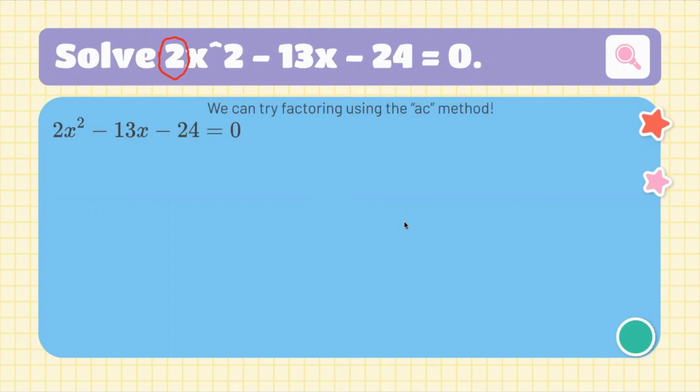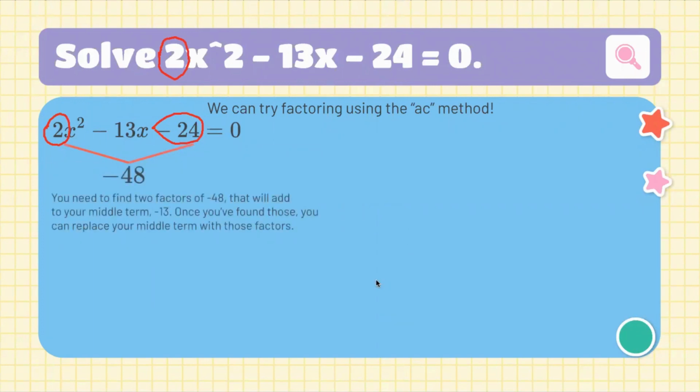The very first step you want to do is to multiply your a value by your c value. In this case, you would multiply 2 by -24, and that would give you -48. Now that you found that value, you want to think of factors of -48 that would give you -13.